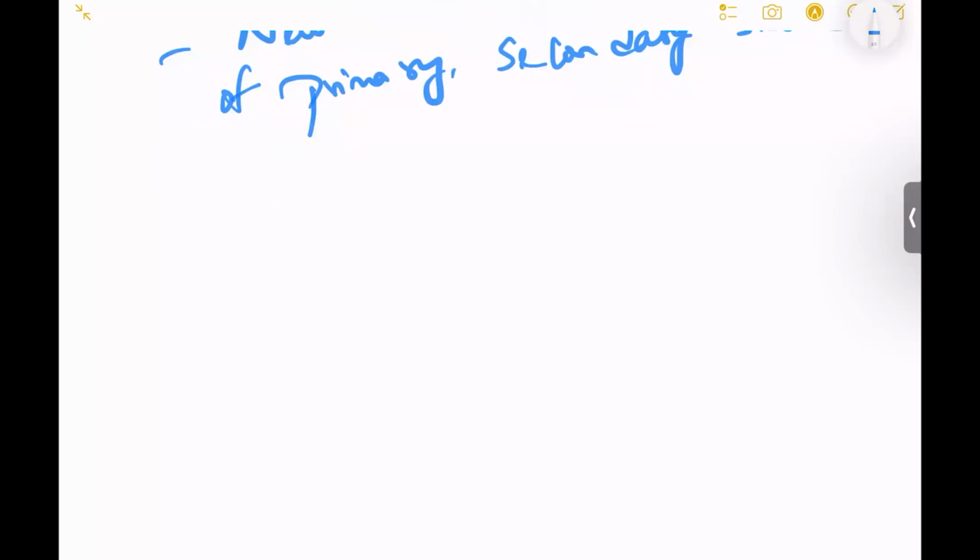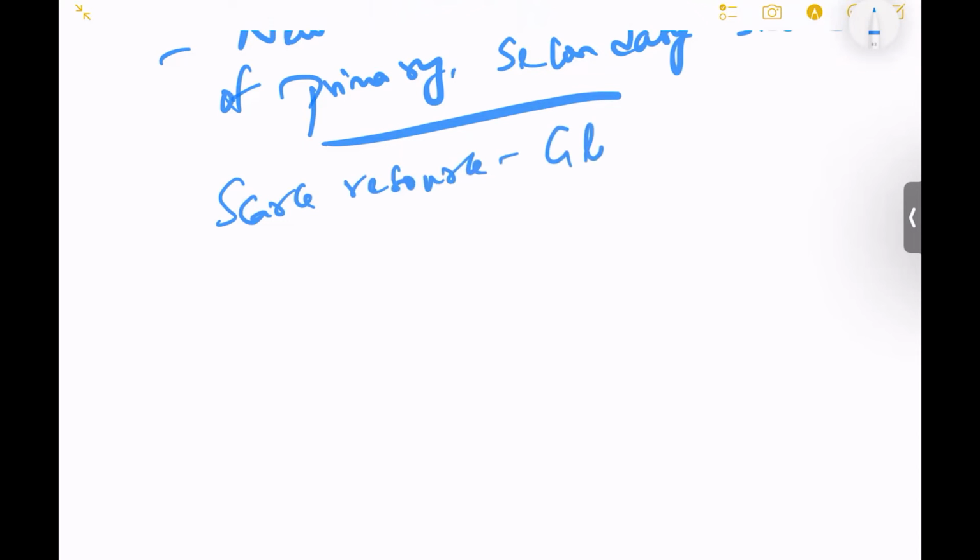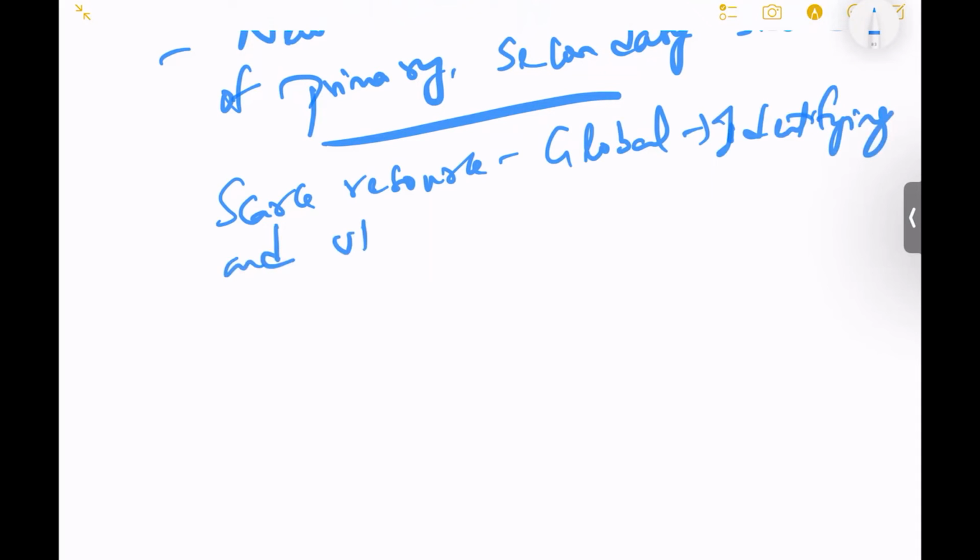Okay, so this is the important thing. So in the world of scarce resources, globalization has helped in identifying and utilizing important resources.